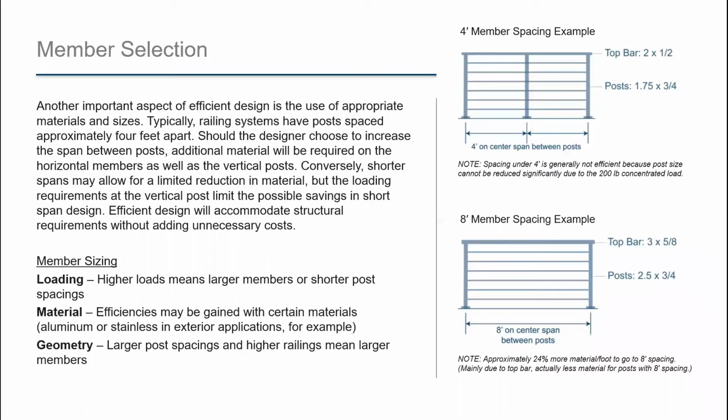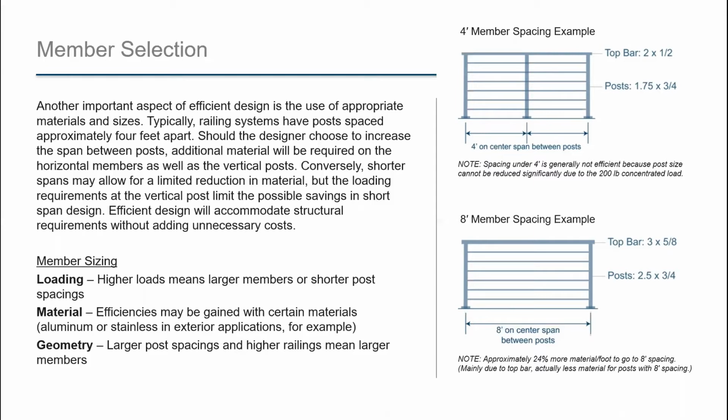Material selection is also pretty straightforward. Stronger materials will require smaller sections, smaller railings. Most materials used in railing design are relatively close in their strength properties, so member sizes are not drastically changed by changing materials. Geometry of the railing is the most significant driver in determining member sizing.